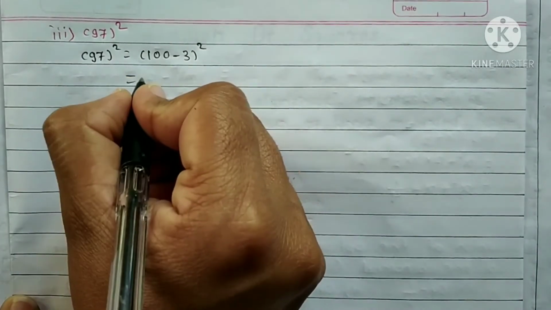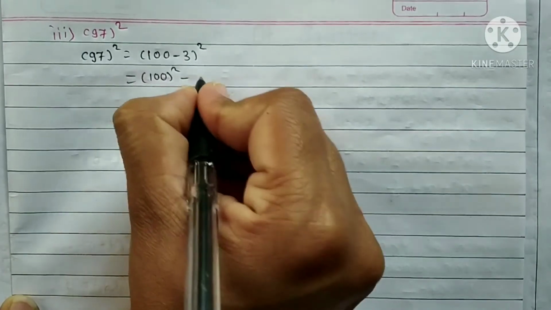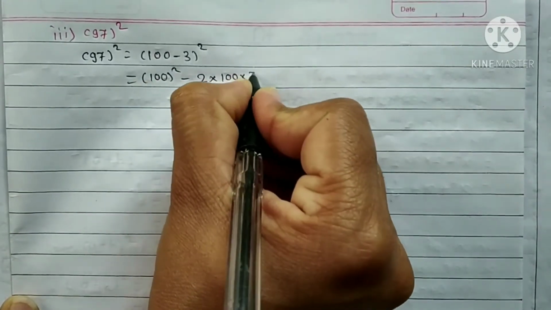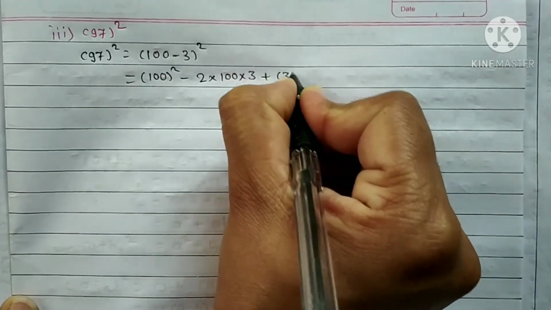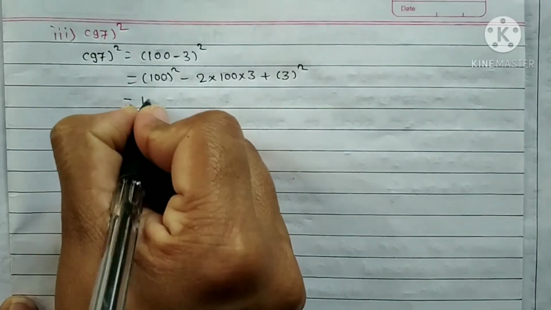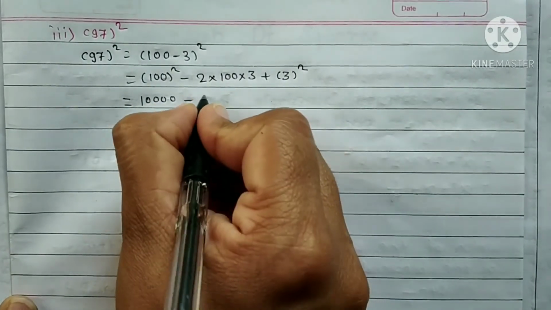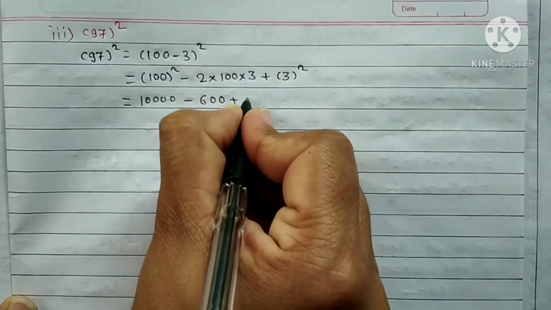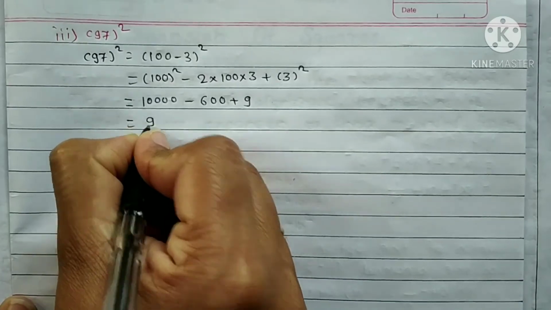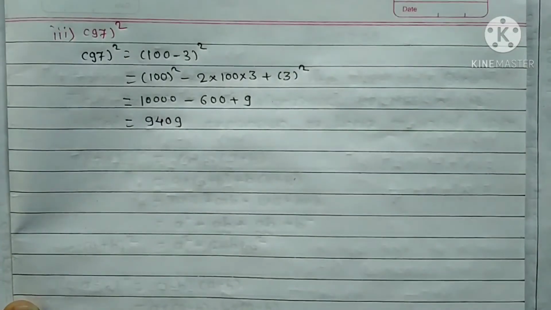So by using that we write 100 square minus 2 into a into b, that is 100 into 3, plus b square, that is 3 square. 100 square is 10,000 minus 2 into 100 into 3, that is 600, and 3 square is 9. After simplification you get 9,409. This is the square of 97.